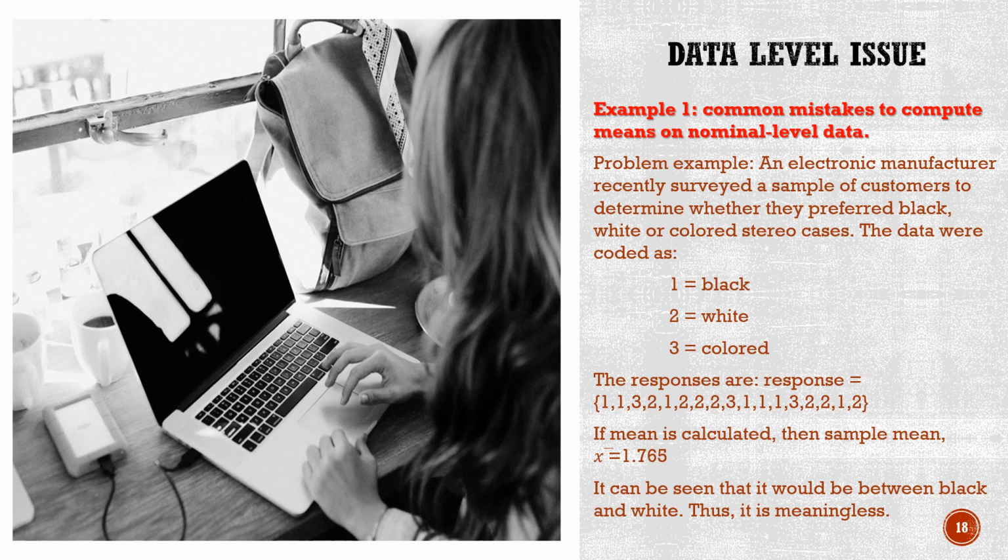Okay, so here are some examples of why hierarchy is important to understand. Example 1: let's say an electronic manufacturer recently surveyed a sample of customers to determine whether they preferred a black, white, or colored staircase. The data were coded as 1, black, 2, white, and 3, colored. From the survey done, they get responses like this.